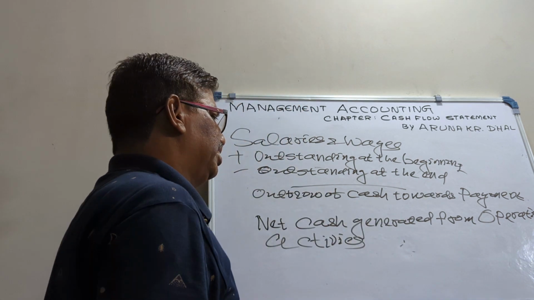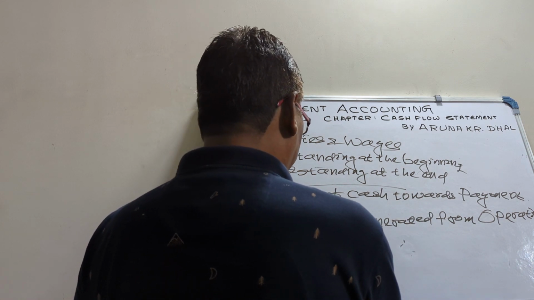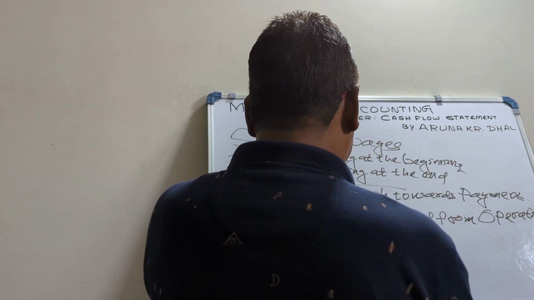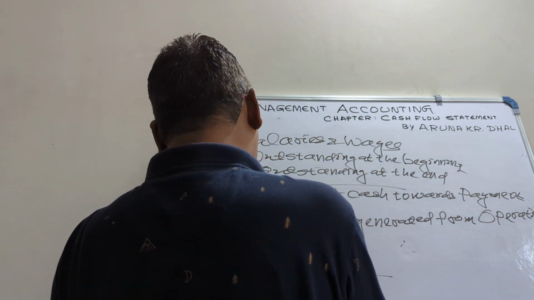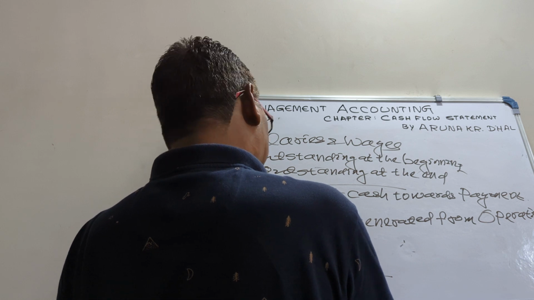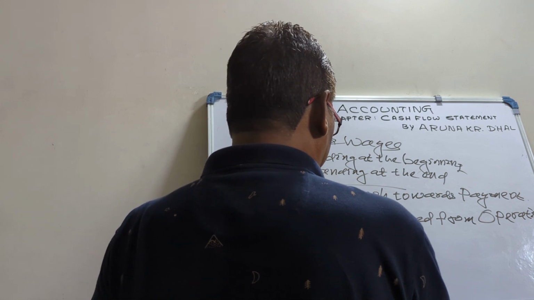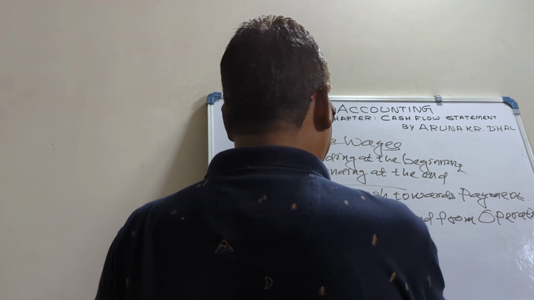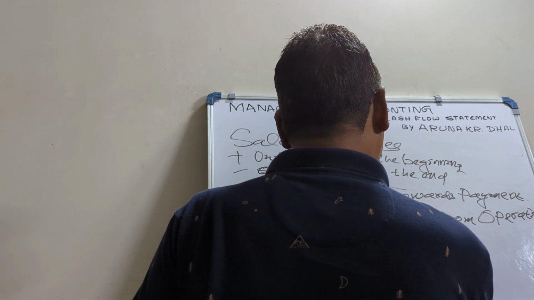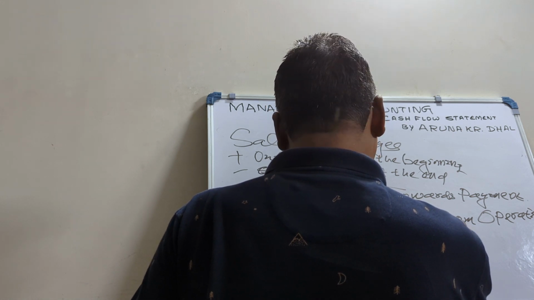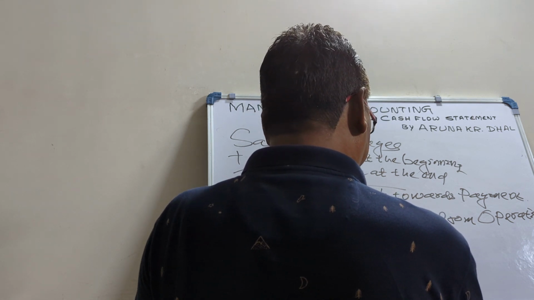Then from net cash generated from operating activities, we have to pay tax to the government, income tax, sales tax or other authority. So we will deduct tax. This is net cash from operating activity before tax, then minus tax, it will give us net cash from operating activity.